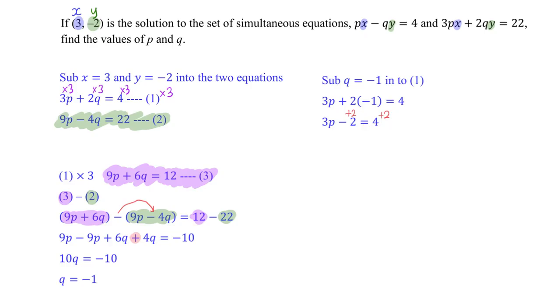That will give me 3p equals 6, and finally divide by 3 on both sides to give me a final answer of p equals 2.